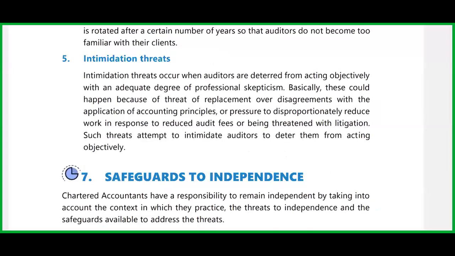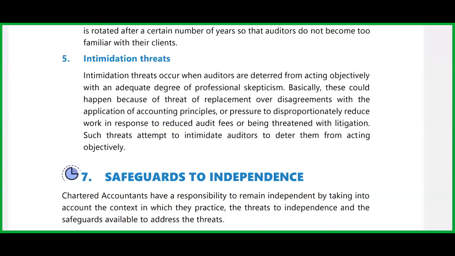The auditor always has this pressure: if I do not comply with management's expectations, I would be replaced. This is called an intimidation threat, where he cannot act objectively and his professional skepticism cannot be adequately used.